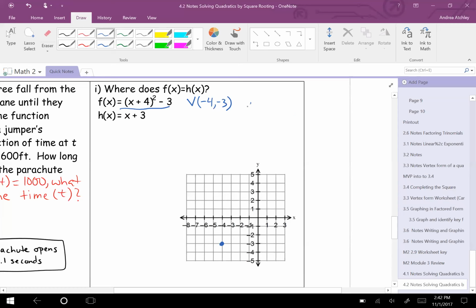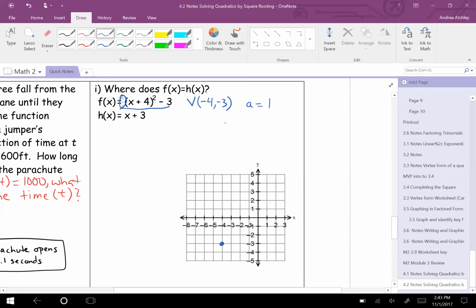Then we need the a value. Aaron, what's the a value here? Not the a value. That's the h value. What's the number right here? Not 0. 1. So an imaginary 1 in front.